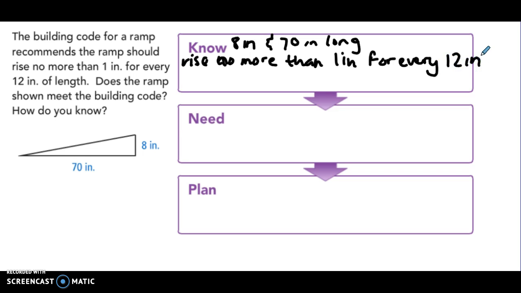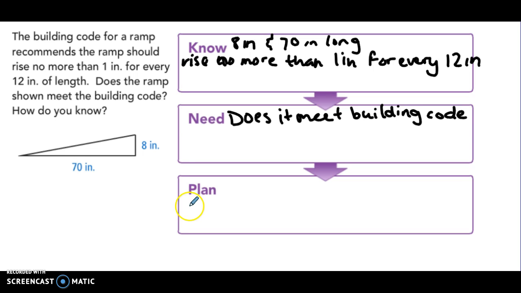So what do we need to know? Does it meet building code? So we want to compare the fact that we know the building can be no higher and rise no higher than 1 inch for every 12 inches of length. We need to plan to find the slope.